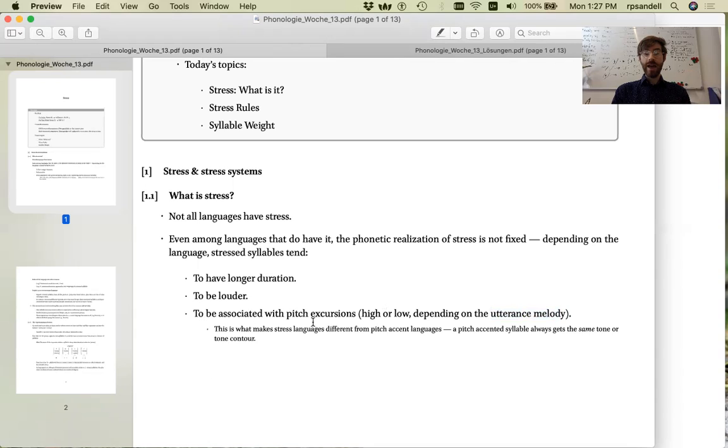And especially this last feature is something that makes stressed languages clearly distinct from so-called pitch accent languages. In pitch accent languages, a syllable that receives the prominence or accent, as one would call it in those languages, there's always the same tone or tone contour assigned to the prominent syllable. So in a classical stress language like English, the stress within a word can be associated with different pitch excursions, again, depending upon the intonational contour.